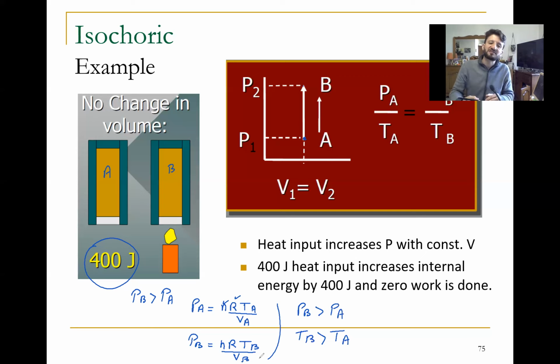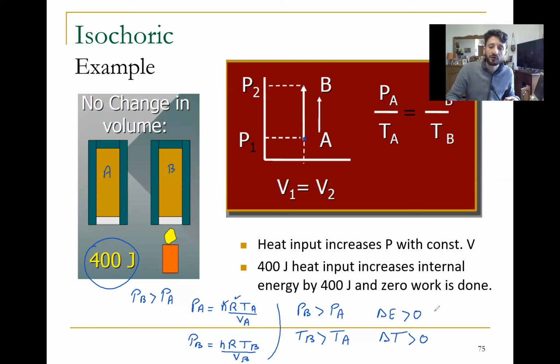If TB is greater than TA, we increase the internal energy in this case. So delta E must be positive. Delta E and delta T are proportional. Delta E is positive. Delta T, which is equal to TB minus TA, is positive.